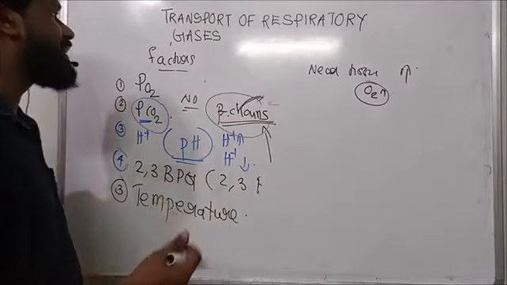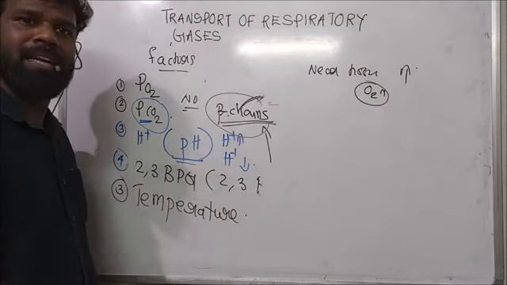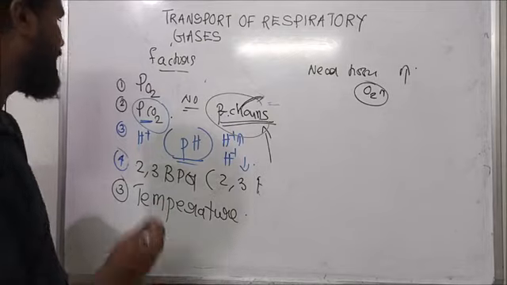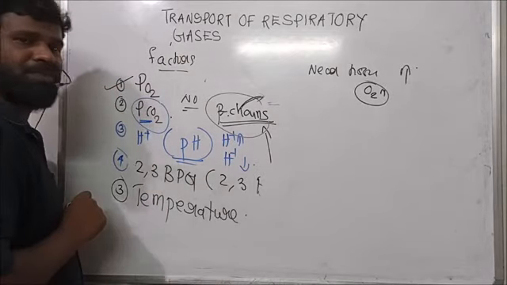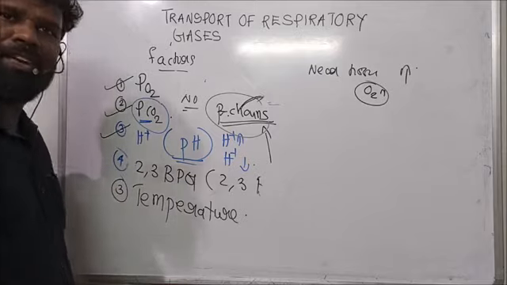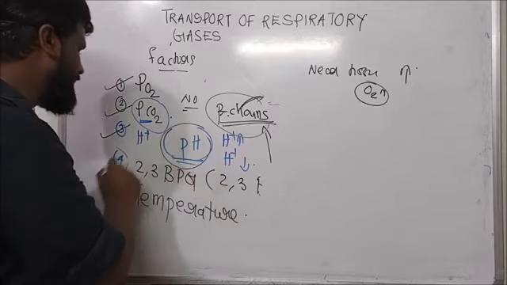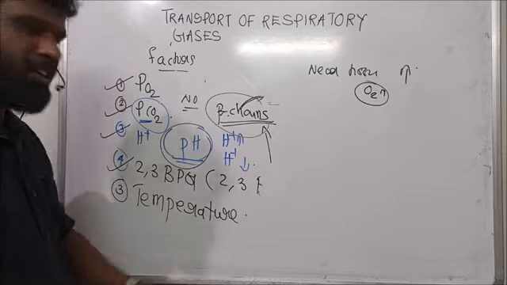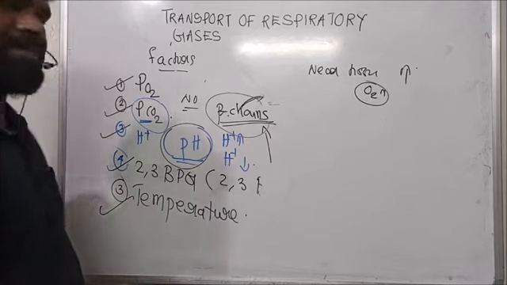So these are some factors that affect the association and dissociation of hemoglobin and oxygen. The factors are partial pressure of oxygen, partial pressure of carbon dioxide, H plus ion concentration or body pH, 2,3-bisphosphoglycerate concentration and temperature.